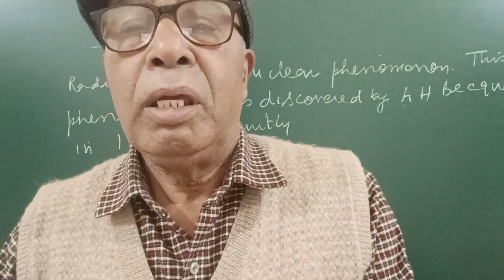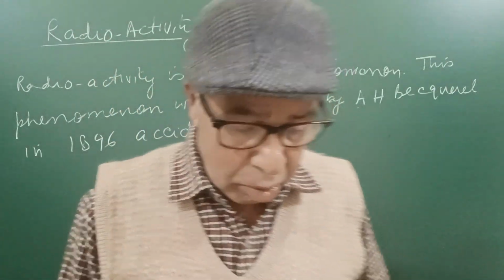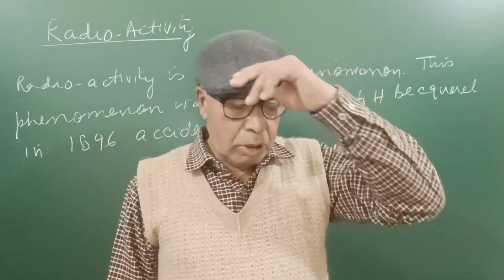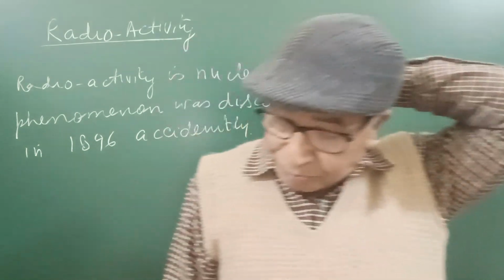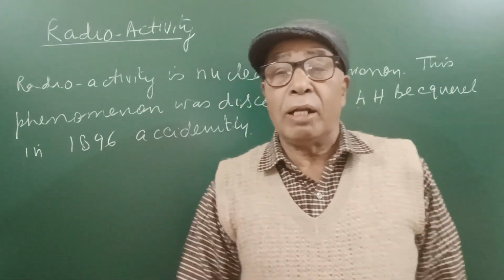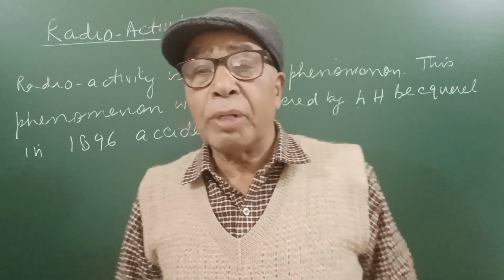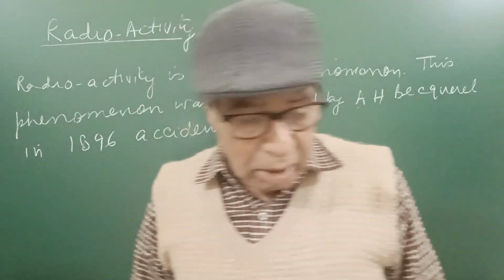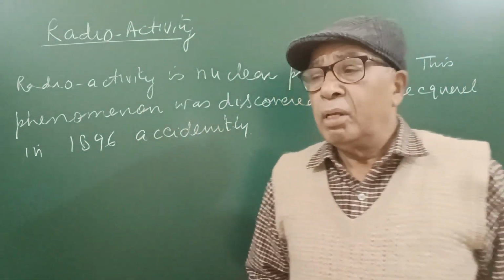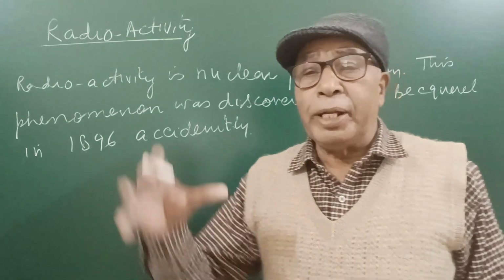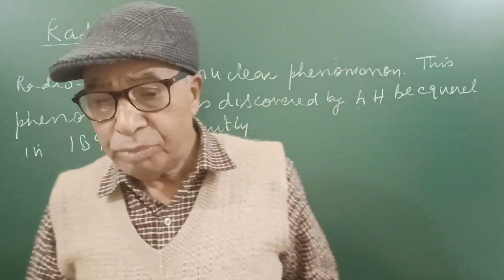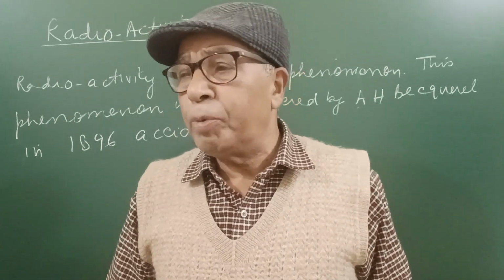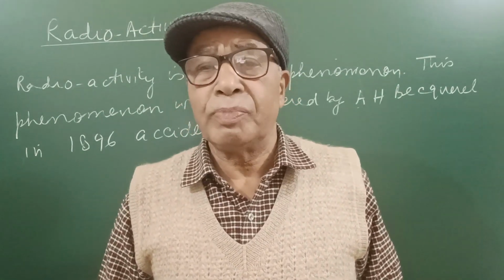Actually, he was working on the phenomena of phosphorescence and fluorescence. Now you may ask, what is the phenomenon of phosphorescence? Let me tell you this also here. There are some compounds, some salts of metals like calcium sulfate, uranium sulfate, etc., which when exposed to visible light, absorb light and then keep on emitting light for a longer time.